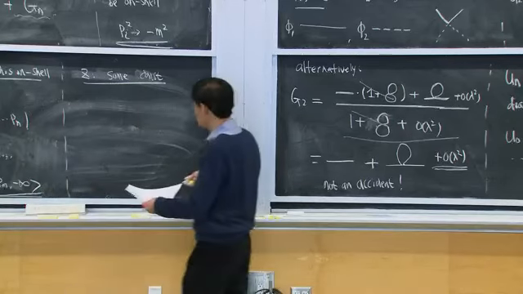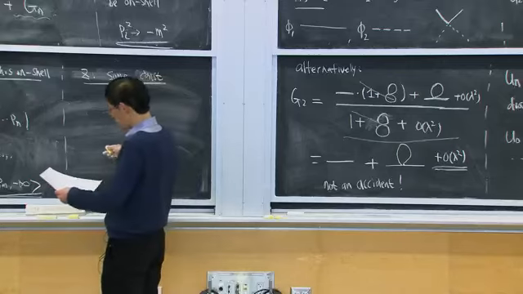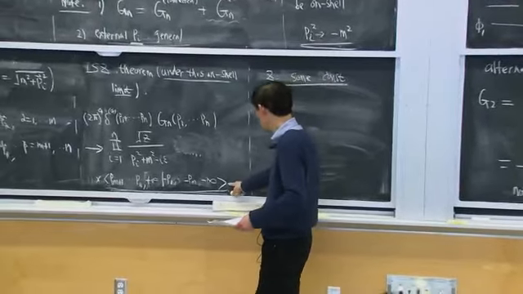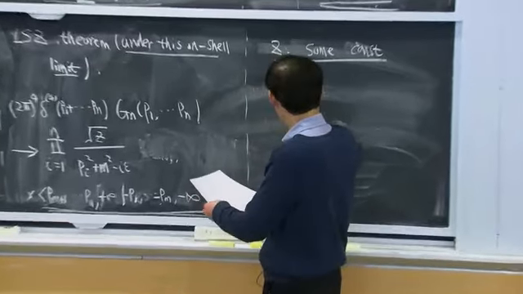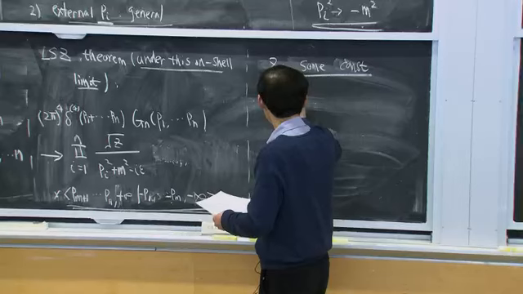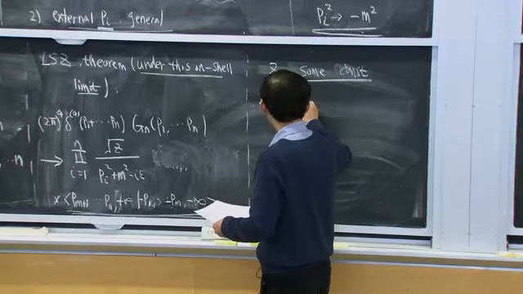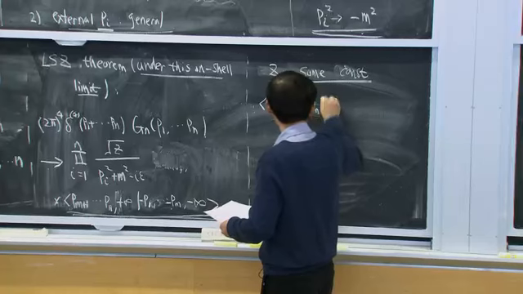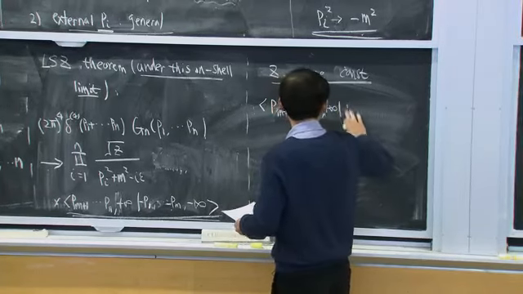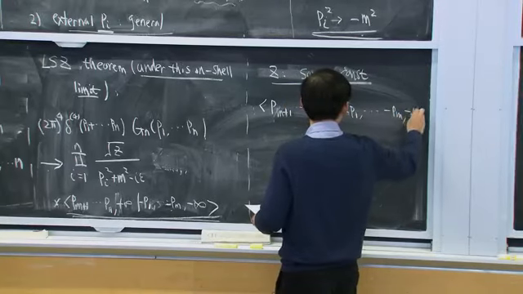So let me just write here. This scattering amplitude has pm plus 1 to pn at plus infinity, and minus p1 to minus pm at minus infinity.